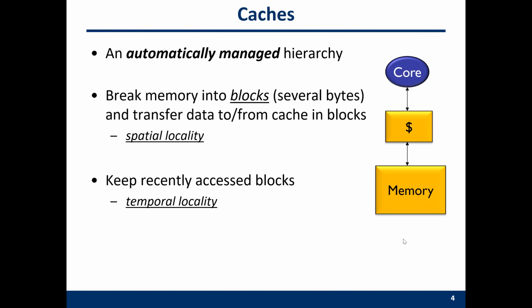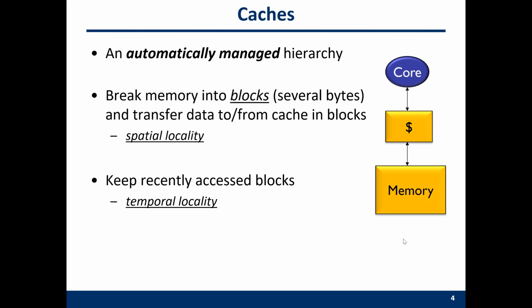When you write a loop, for example, for i equals 0 to n, and you have an array inside this loop, you actually exploit what we call spatial locality. The spatial locality means when you access one element, potentially you will access its neighboring elements.